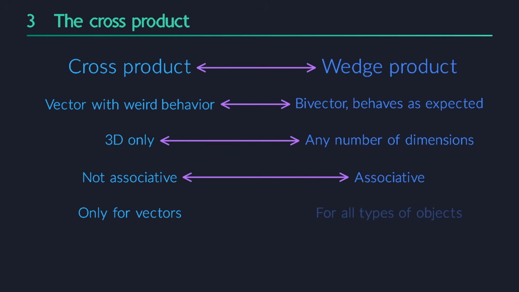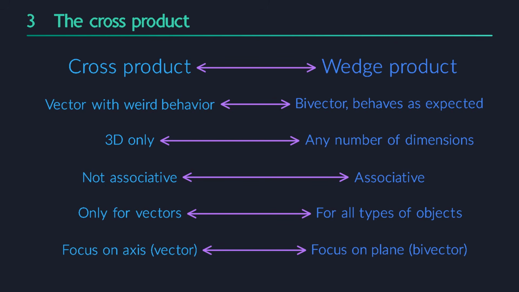Also, the wedge product can be defined between any types of objects, not just vectors. You can wedge a bivector to a trivector to obtain a 5-vector, for example. You just add up the grades. The cross product is only defined for vectors. But to me, the most important advantage is that the cross product was giving us the wrong picture.